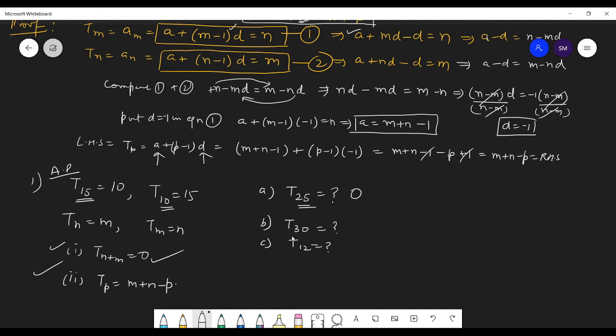What is the 30th term? m plus n minus 30. What is m? 15 plus 10 minus 30, so it will be minus 5. So the 12th term, 15 plus 10 minus p, what is it? 13.